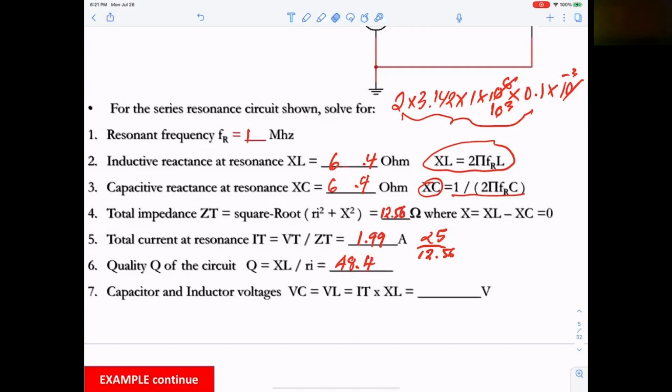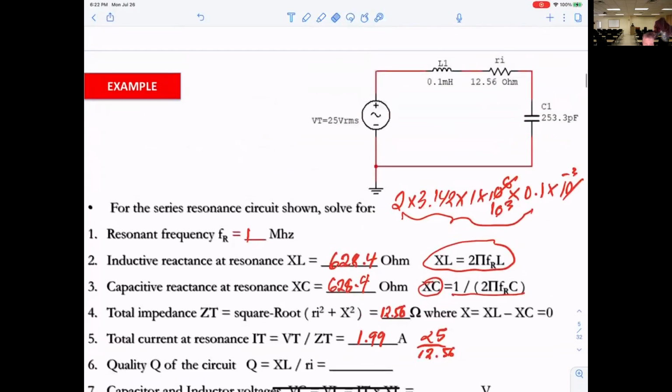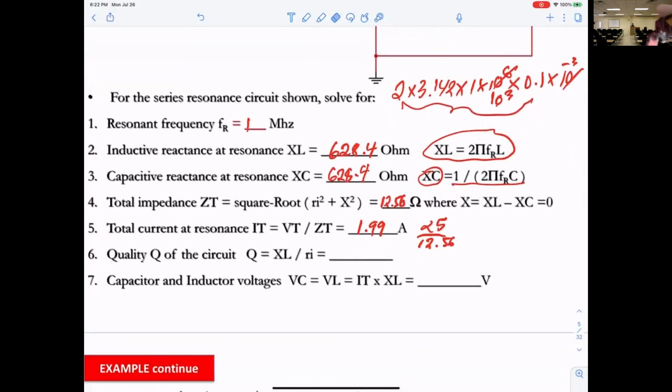So XL and XC are the same, 628. Right. Okay, so I got it wrong. So Q is 50.